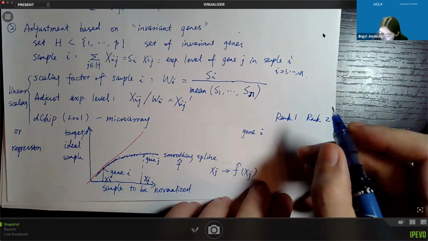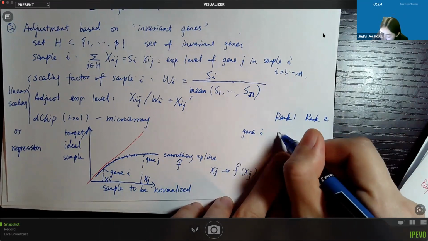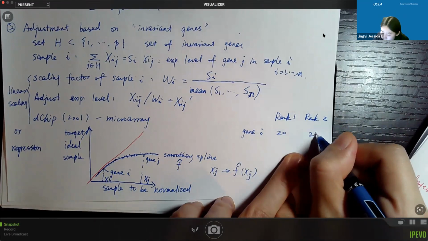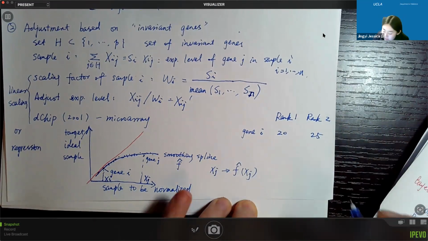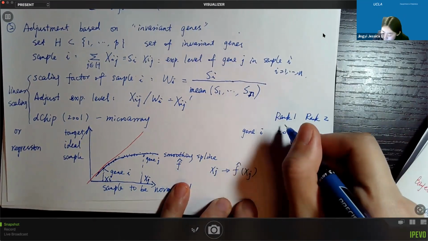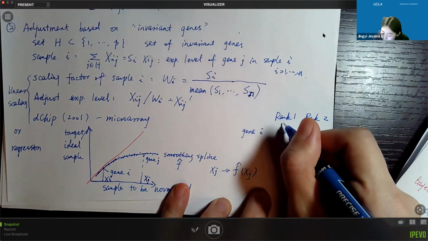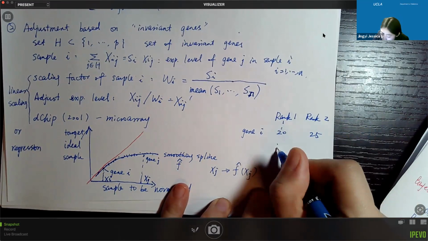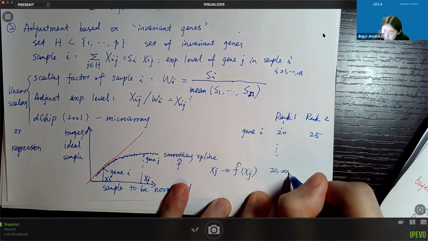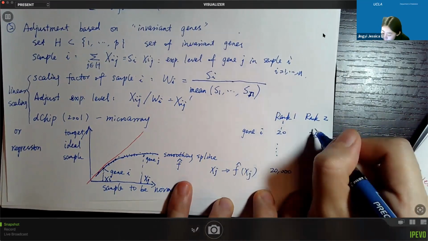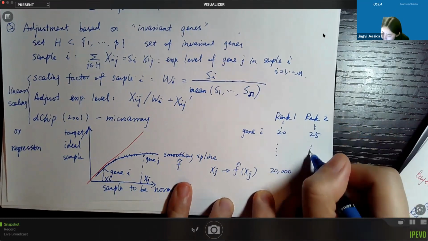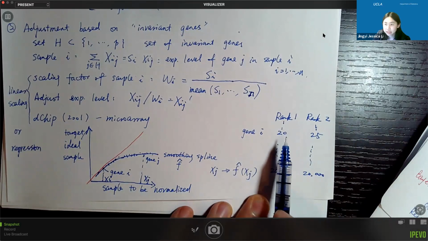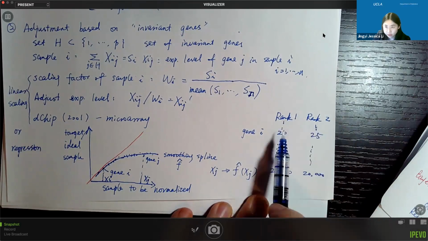Let's say this gene is ranked 20 in sample 1 and ranked 25 in sample 2, and the ranks go from 1 to 20,000, the total number of genes in human. Then you see that this gene has a very similar rank in the two samples.